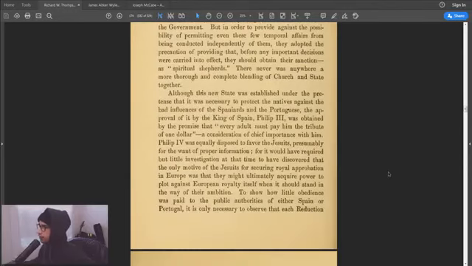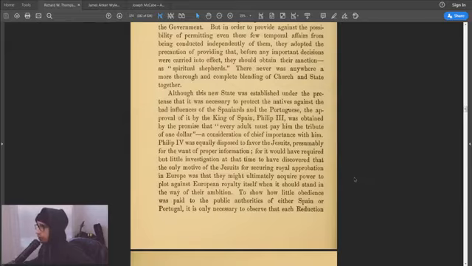Although this new state was established under the pretense that it was necessary to protect the natives against the bad influences of the Spaniards and the Portuguese, the approval of it by the King of Spain, Philip III, was obtained by the promise that, quote, every adult must pay him the tribute of $1, end quote, a consideration of chief importance with him.